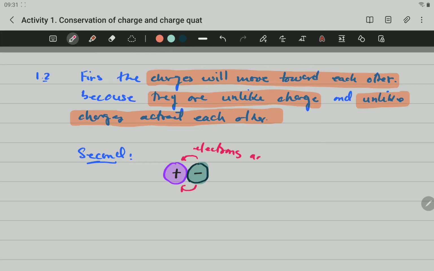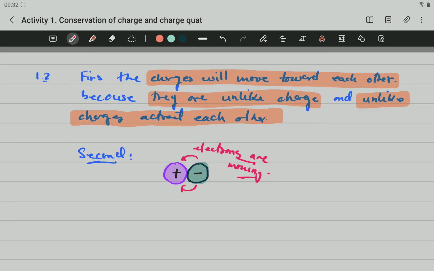The charge will rearrange. This is, remember, the conservation of charge. In a closed system, and the system is the two spheres here, the total amount of charge will be conserved. So the charges will rearrange from the negative to the positive. That is what you have to explain.